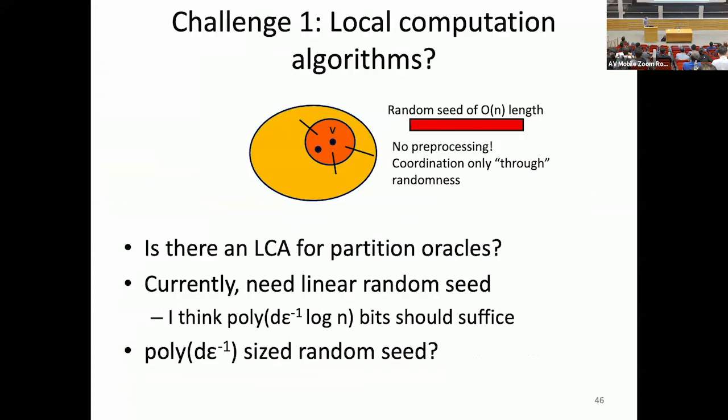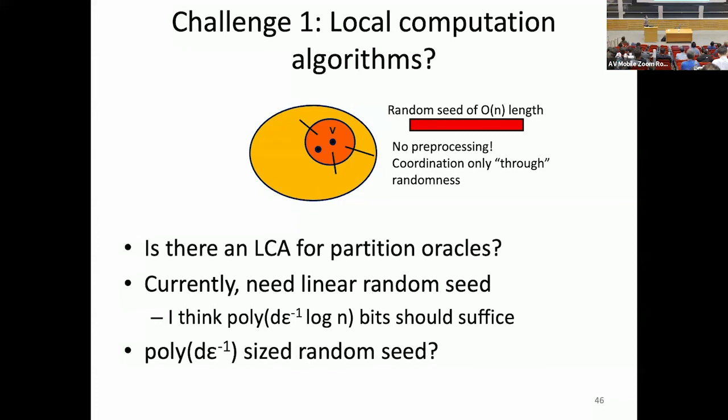The first one, which goes back to Madhu's question on the random seed, and this is maybe something even Reneet may ask, is there a local computation algorithm for partition oracles? So this is equivalent to saying, do you really need a linear amount of randomness, or can you do away with much less? I believe that you only need polylog n bits of randomness, because in some sense, it seems like you don't really need that much independence for all of this to work.